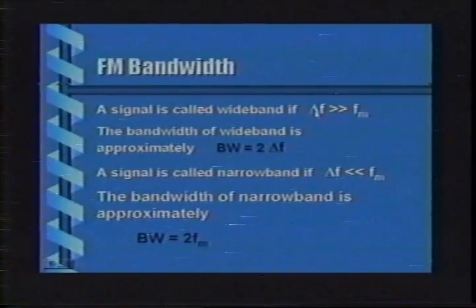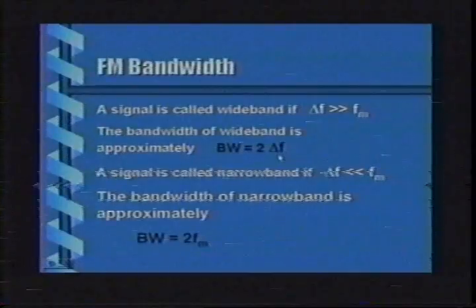Now the signal is called wideband if the frequency deviation is much larger than the maximum frequency of the audio. So if the frequency deviation is large, the bandwidth is approximately 2 delta F. We dropped the second term, F sub m, because we consider it to be negligible.